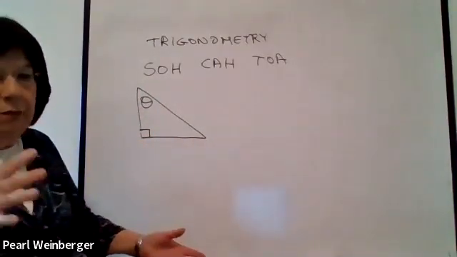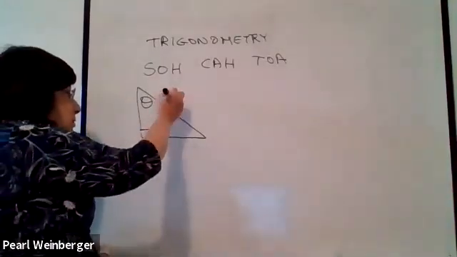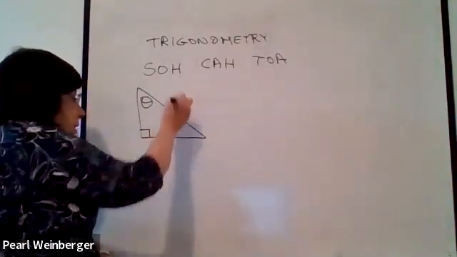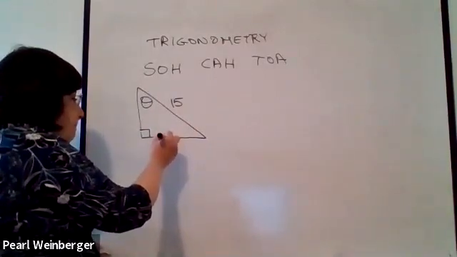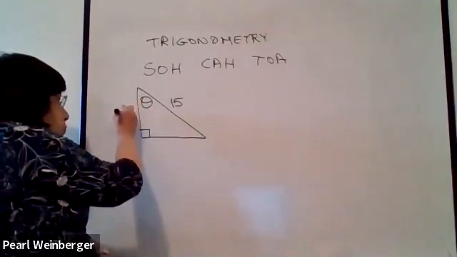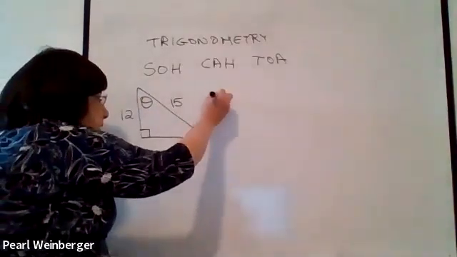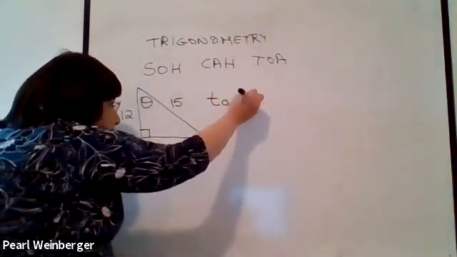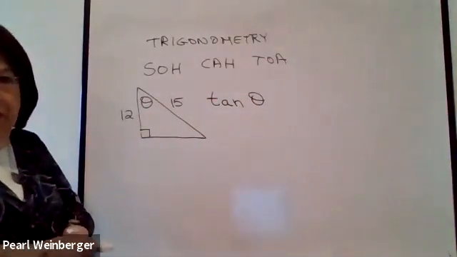It could be any other angle, but it can't be the right angle. Let's say this is 15, and this is 12. And I want you to find the tangent of theta. Okay, I'm going to give you a few minutes to try that.